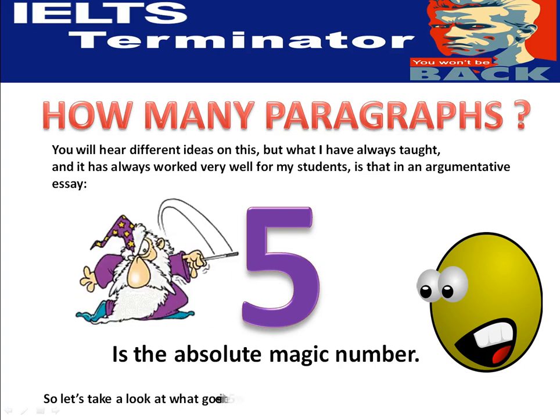So let's take a look at what goes in the 5 magic paragraphs that get the best score. Here we go. Planning your essay. If you fail to plan, you plan to fail. As in any presentation or essay, this is the magic formula. First, tell the reader what you're going to tell him or her.